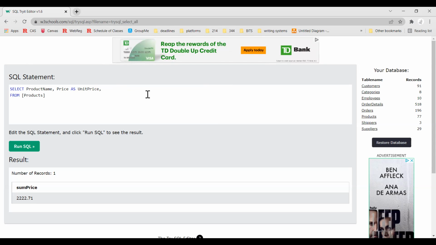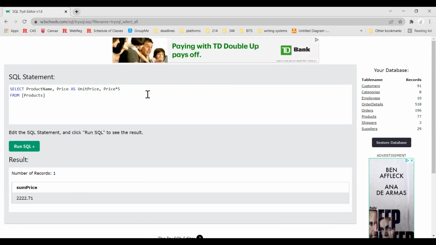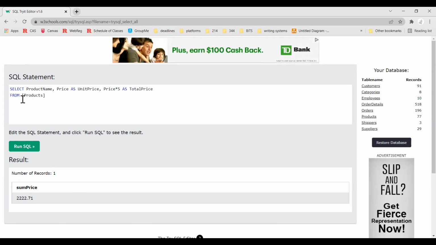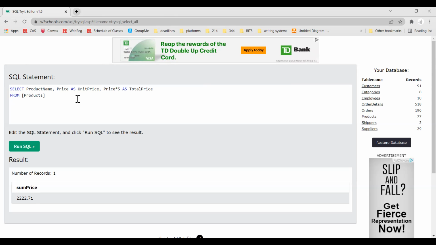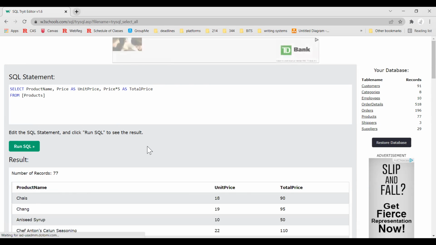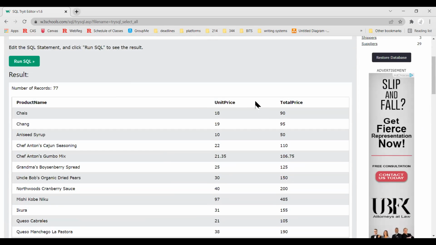And let's say we want to buy 5. Okay, that wasn't times. From products again. And this gives us, so you can pick an easy one. 10 times 5 is 50.